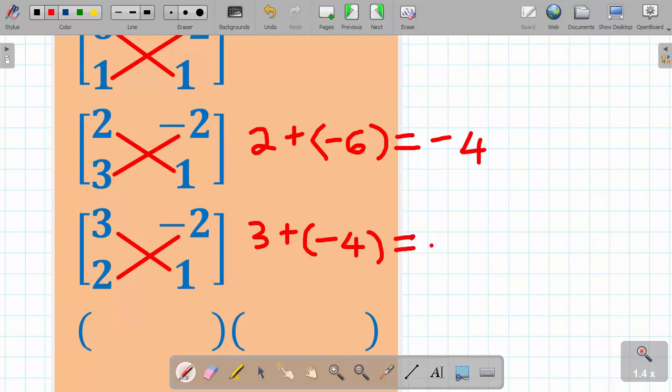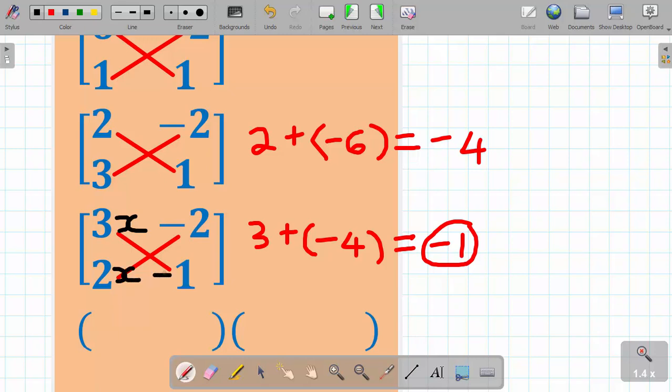Wow, thank you Jesus, I get negative 1 here. Because I have negative 1, which was the coefficient of the middle term, it means my answer is going to be 3x minus 2 multiplied by 2x plus 1.